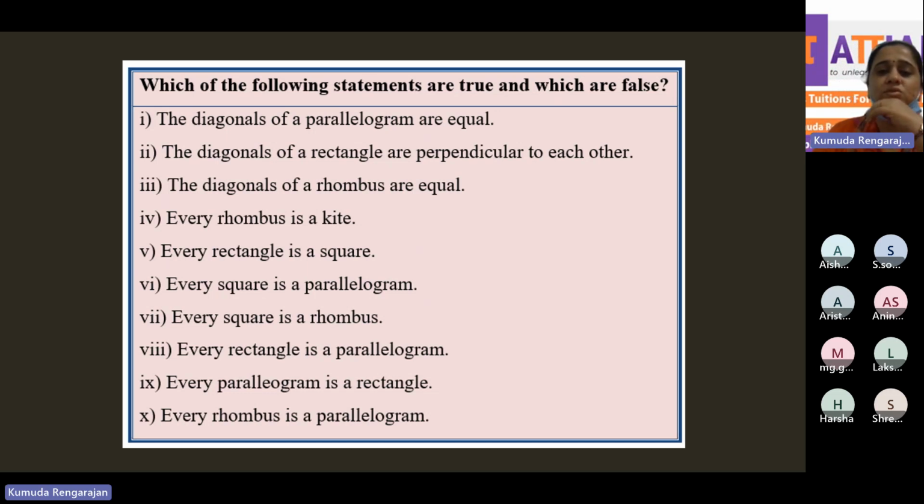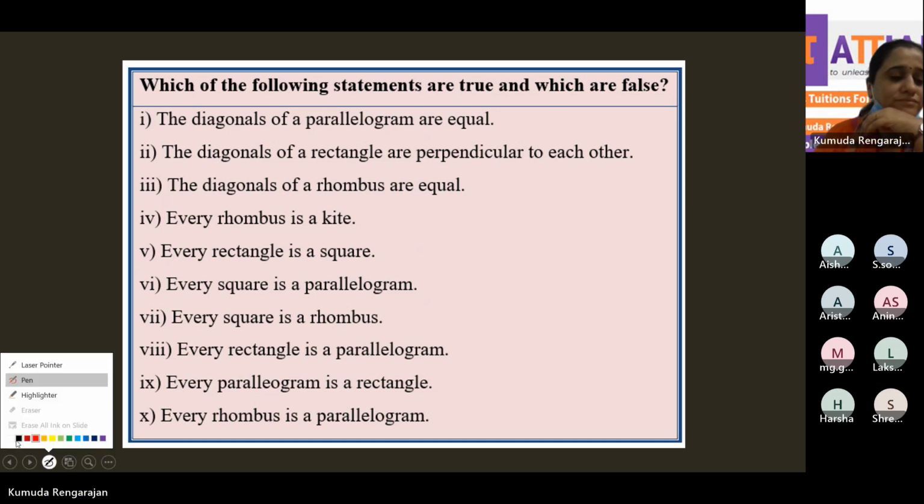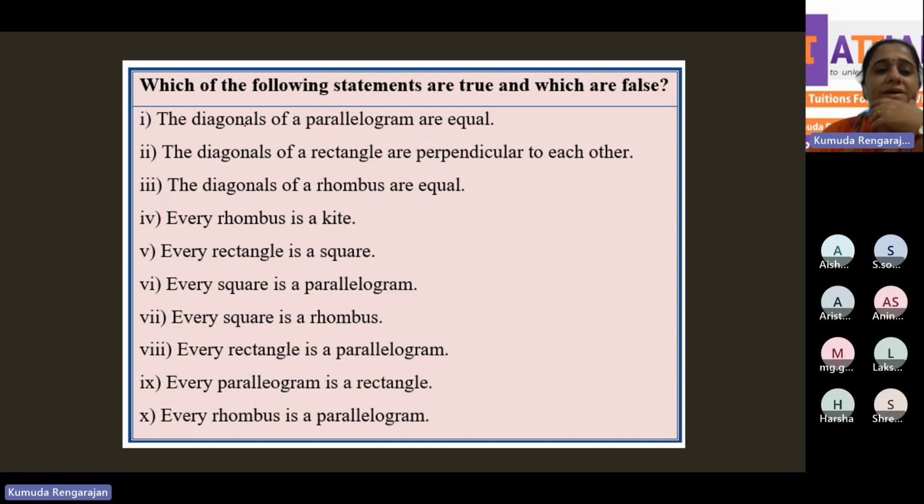Which of the following statements are true and which are false? The diagonals of a parallelogram are equal. True or false? False. Diagonals are not equal. Now you all have the answers also.